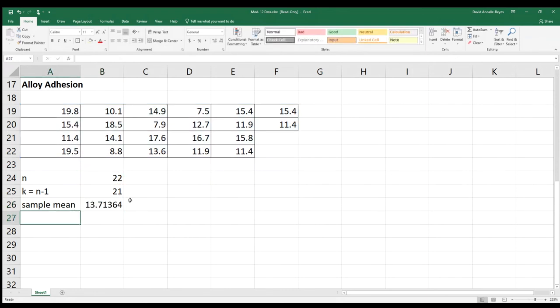Let me know when you have the sample mean so we can move forward. Again, you don't have to write down all the values in this table. You have it on the Excel spreadsheet in the Module 12 folder.